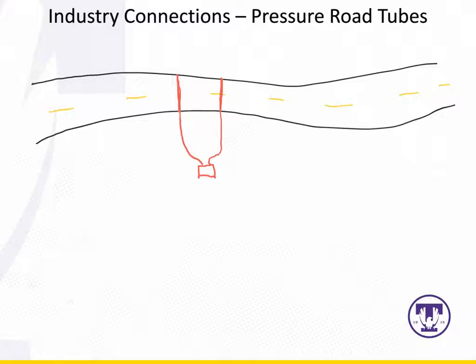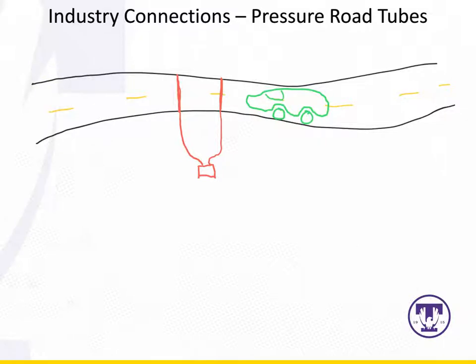So we have a car coming down the road. We drive on the left-hand side. Don't know what kind of car that is. It's a weird looking car, but whatever. So it's coming down the road.